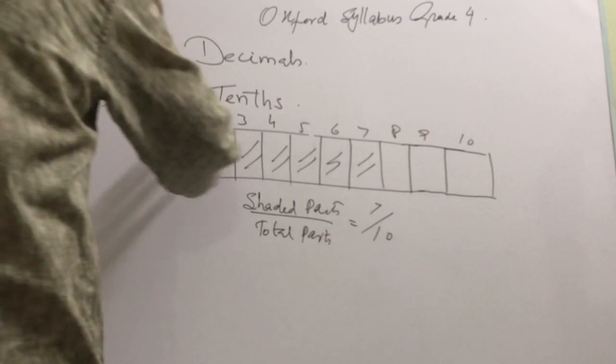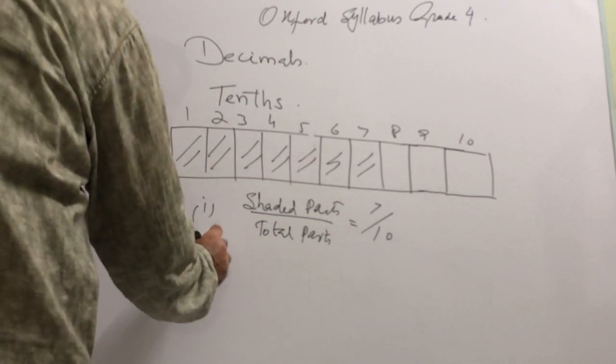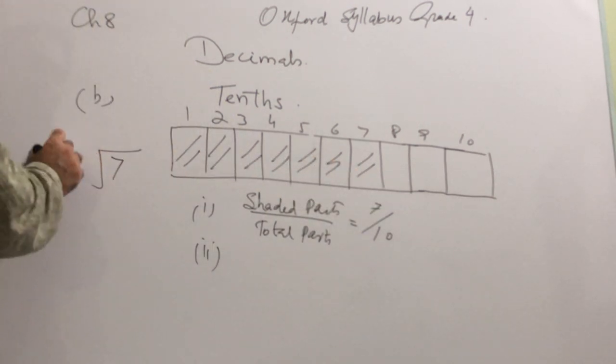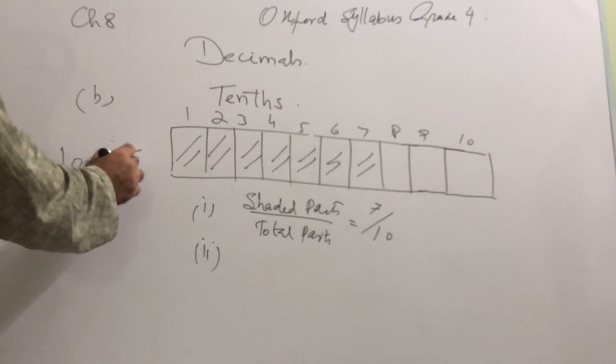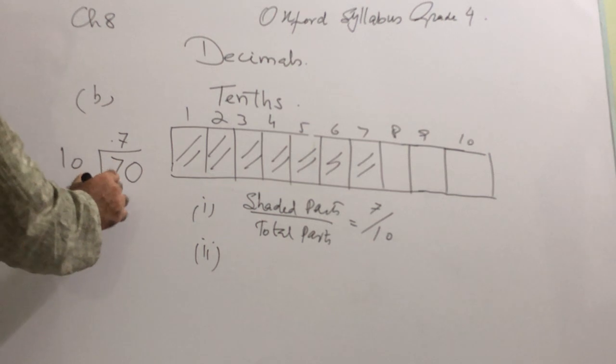So we know that this shaded portion is 7 over 10 in terms of fractions. Now if we need to go in terms of decimals, our second answer will be that this numerator 7 will be divided by 10. It is smaller, so put a decimal point here and put a 0 from your side. 10 7s are 70.